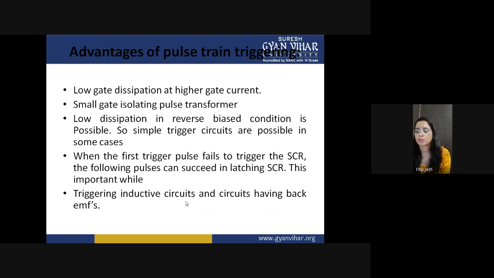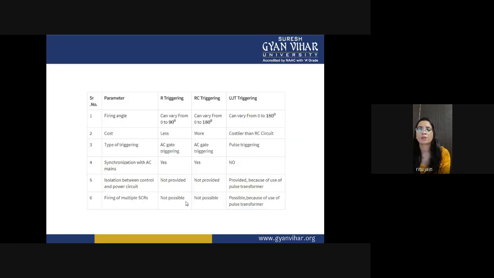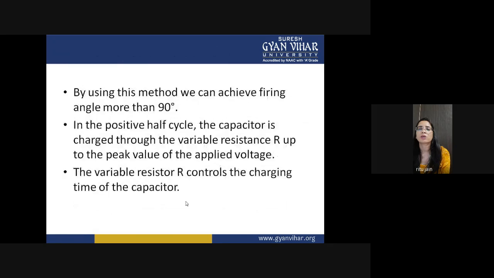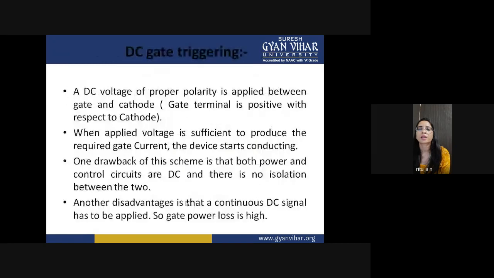To turn on the SCR, the value of current must be higher than the latching current. Then your thyristor will be turned on. So this is all about the different kinds of triggerings.